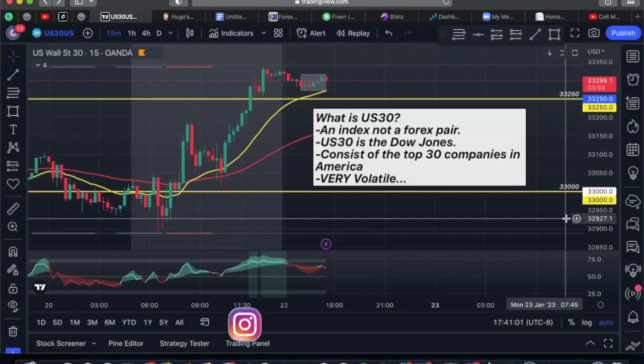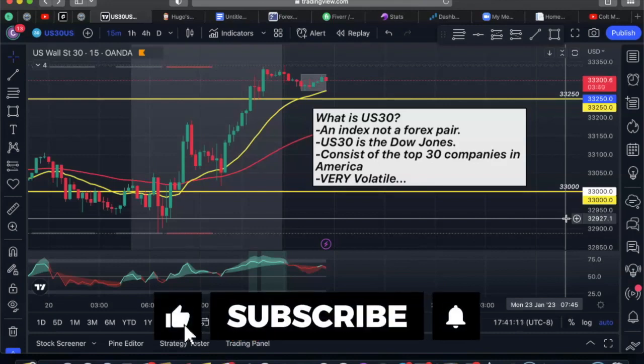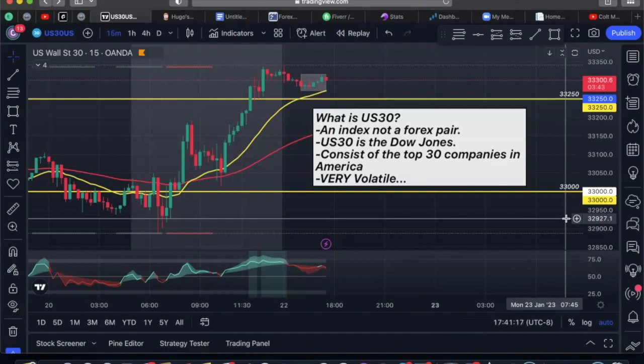A lot of you are probably wondering what US30 is, and it is very important to understand what it is before you go and trade it and you're all confused. So US30 is actually an index. This is not a forex pair. I know a lot of you are probably used to forex pairs like EURUSD, USDJPY. When I heard about US30, I was a little confused. I was like, wait, US30, what exactly is this?